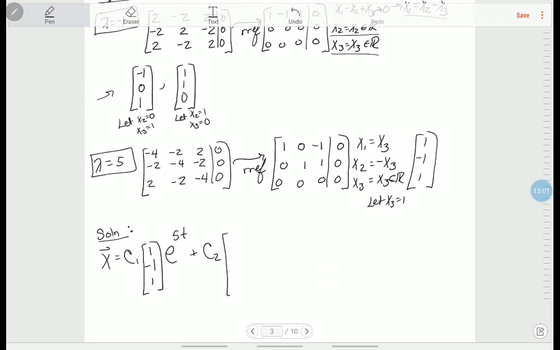So it's going to be C2 times -1, 0, 1 e to the -t. The eigenvalue was -1. Plus C3 times 1, 1, 0 e to the -t.